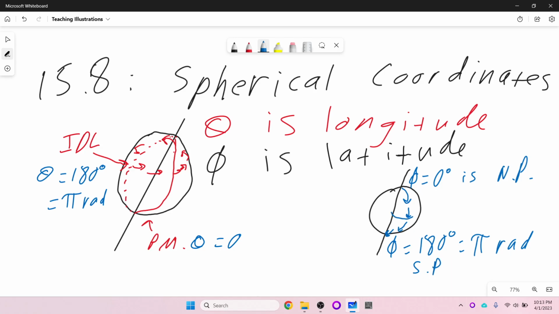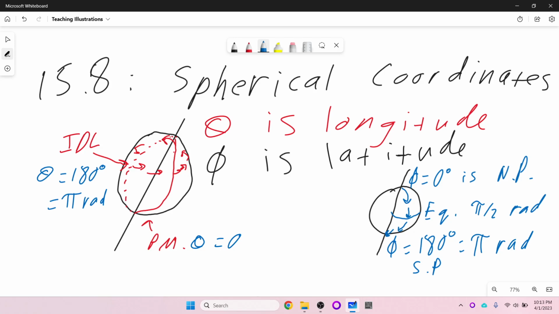So the equator would be pi over 2 radians. So it is easy to get disoriented which way is which, because, again, like most of our conventions, they're kind of arbitrary. Why do we say North Pole is 0 and not the South Pole? Because we do. It's just the way we've agreed to say it. So 0 degrees is straight up, and 180 degrees is straight down, 90 degrees is horizontal, and we don't go past there.